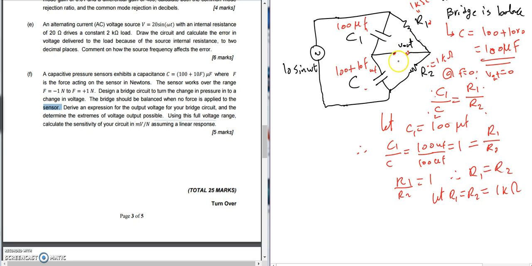You see, V out is basically the voltage across this, let's call it VC, and the voltage across VR2. So V out is equal to VC minus VR2. What's VC?